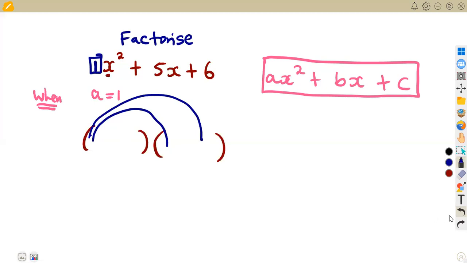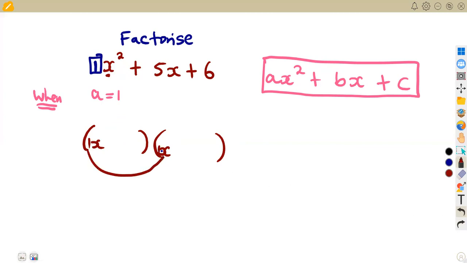In order for you to multiply and get x squared, there must be x here and x here. If you multiply 1x times 1x, you get 1x squared. So this is just going to be x, and this is going to be x.